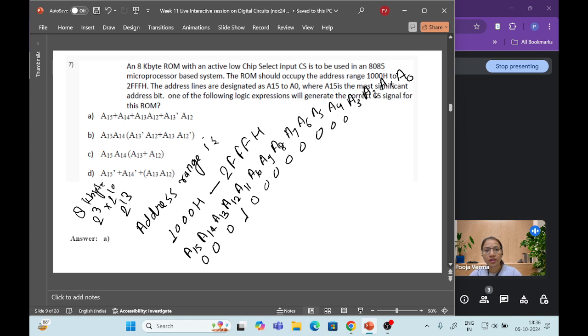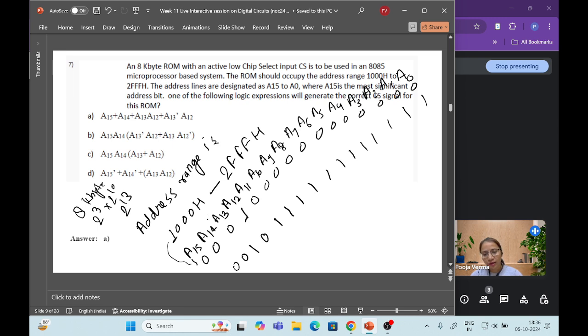Now the next one is 2, right? 0010 is the representation of 2, and F means all 1s. Okay, so that is the address range.